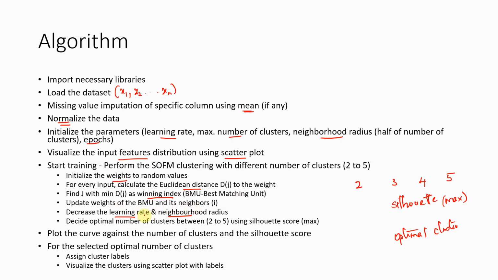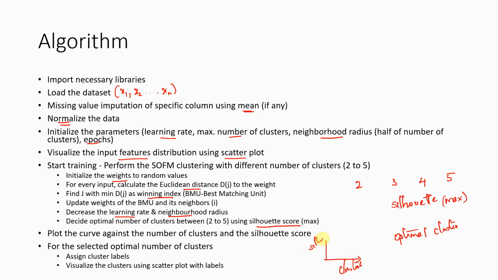After every iteration, we need to decrease the learning rate and the neighborhood radius based on the iteration number. And we have to decide the optimal number of clusters by using the Silhouette score, which has a maximum value. Next, we have to plot the curve of the number of clusters against the Silhouette score.